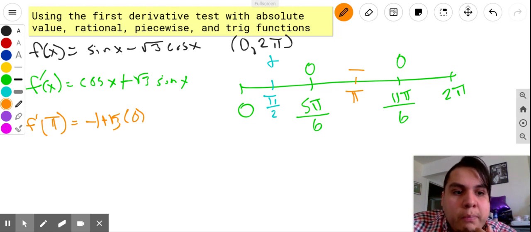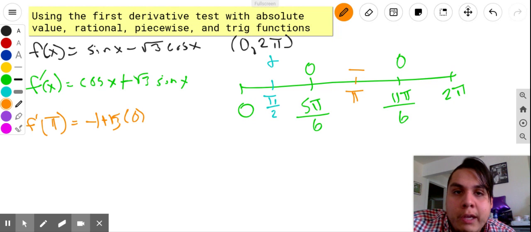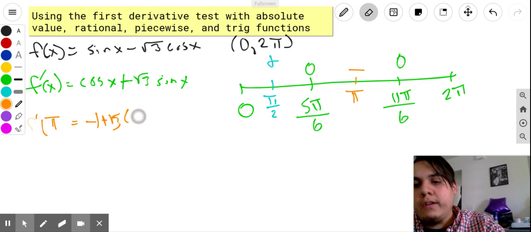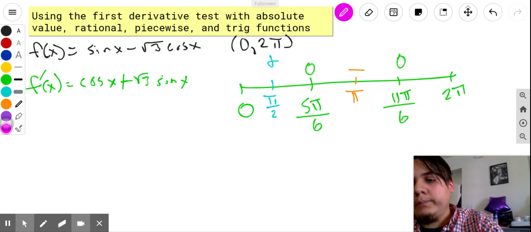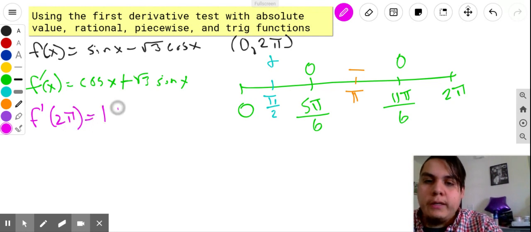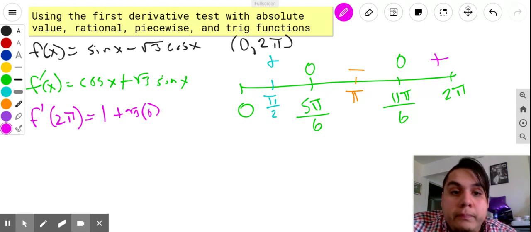So I'm going to go ahead and use 2 pi. Even though it's the boundary and I'm not going to include it, it's a nice value that will allow me to get what I need. So if I plug it into my derivative, f prime of 2 pi: cosine of 2 pi is 1, sine of 2 pi is 0, so I get a positive number here. Okay, so there we have it.